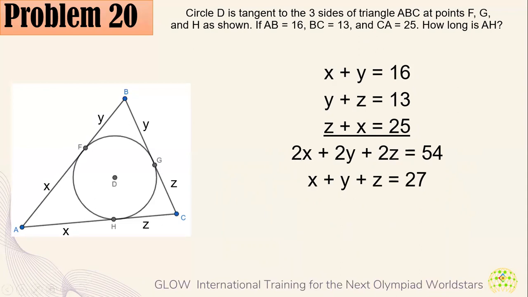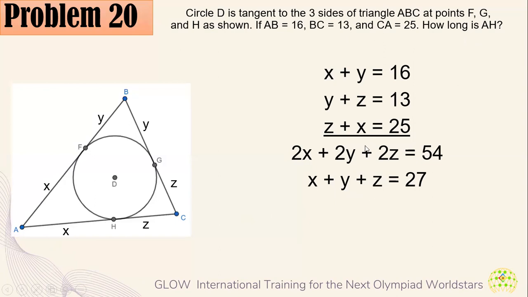But remember, we are looking for the length of AH, and AH here is x. So we will solve for the value of x. If we know the value of y plus z, we could know the value of x.